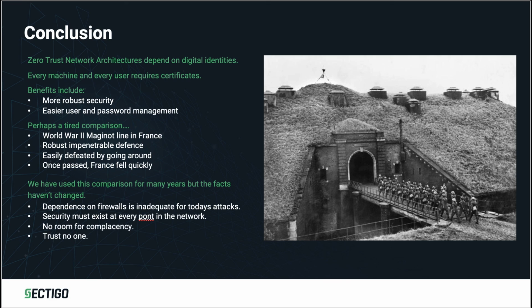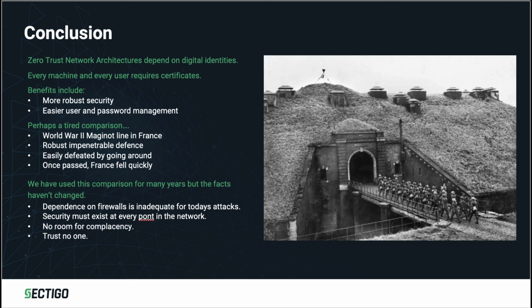This analogy is so important to understanding zero trust network architecture, because unfortunately, in the example of World War II France, one of the biggest mistakes France made was not just to recognize the fact that the Maginot Line had a big gap, but also the French decided not to defend the internals of France nearly as well as they should have.